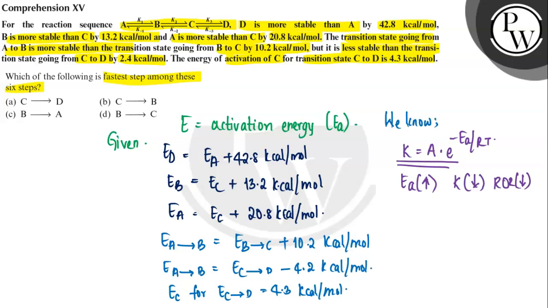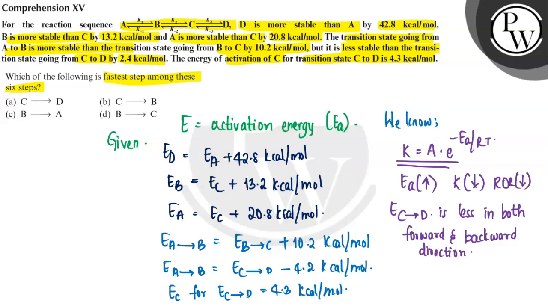तो यहाँ पर अगर एक्टिवेशन एनर्जी और रेट कांस्टेंट सभी के कंपेयर करते हैं विद द हेल्प ऑफ अर्हेनियस इक्वेशन, तो हमें मिलेगा कि E of C2D की वैल्यू लेस होगी in both forward and backward direction. तो हम कह सकते हैं कि इसकी रेट कांस्टेंट की वैल्यू, दैट इज K की वैल्यू ज़्यादा होगी बिकॉज ऑफ less activation energy.